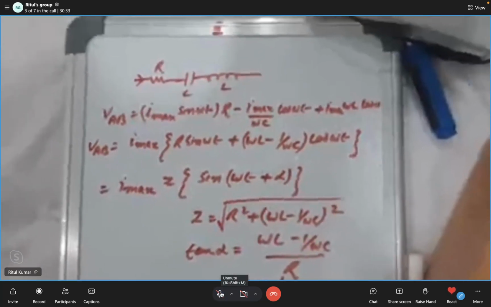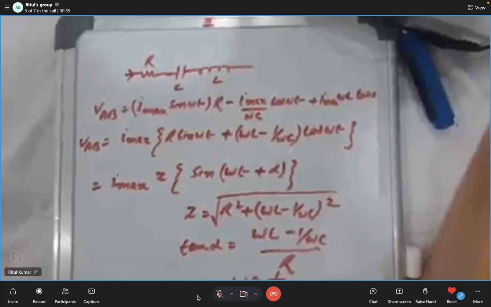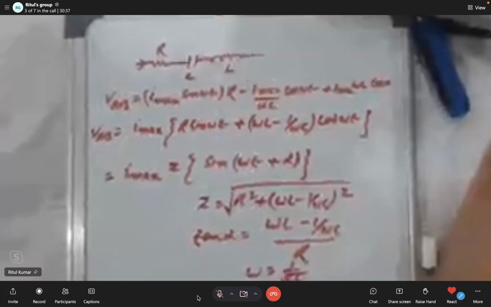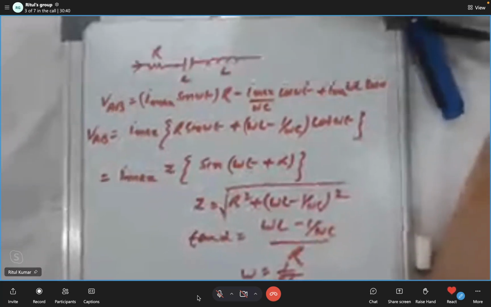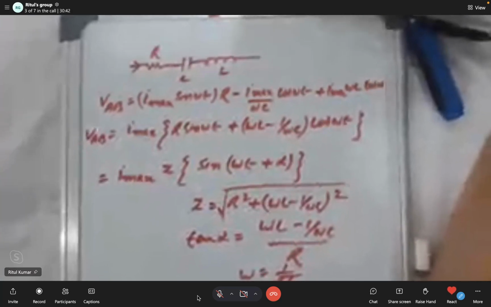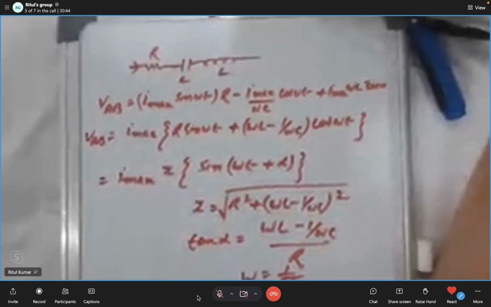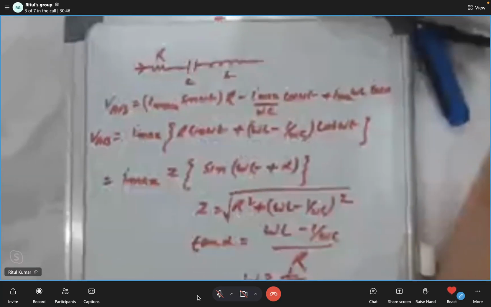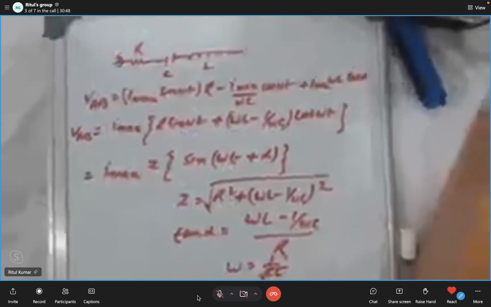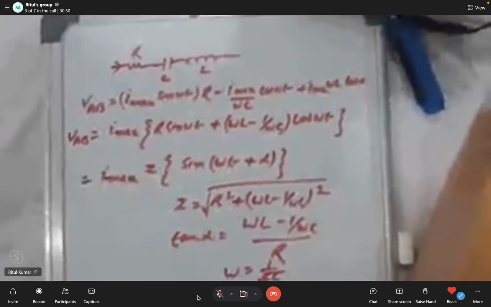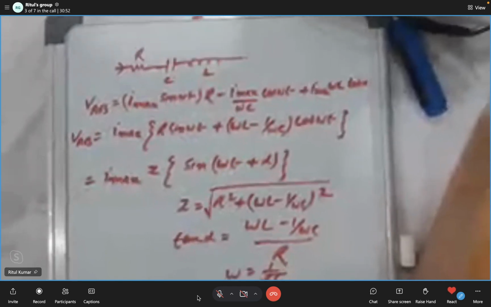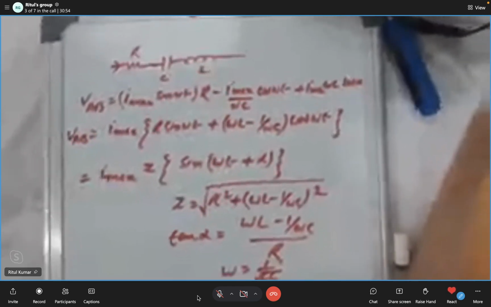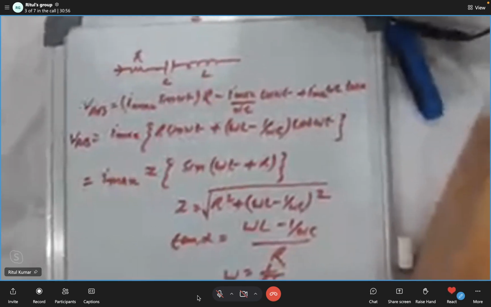Z I have not named as yet. It is named impedance. We call it impedance, the combination of resistance and reactance.